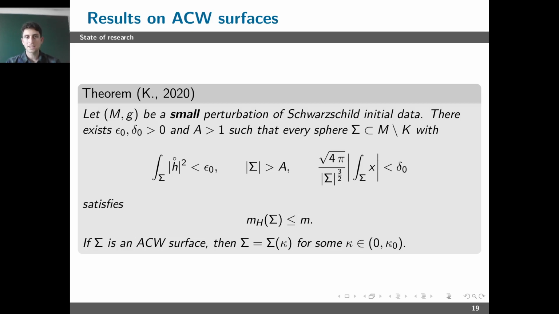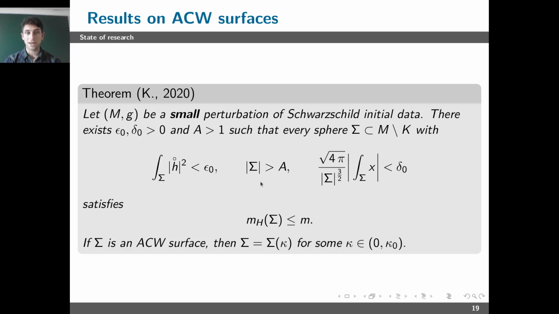And in my thesis I proved the following result. So I considered a manifold (M, g) that is a small perturbation of Schwarzschild, so same assumptions as those by Metzger and Schulze. And then I proved the following. I considered a sphere that avoids a large convex set K, so this is the first additional assumption, and then I assumed that this sphere has small trace-free second fundamental form, so this is the assumption replacing stability.